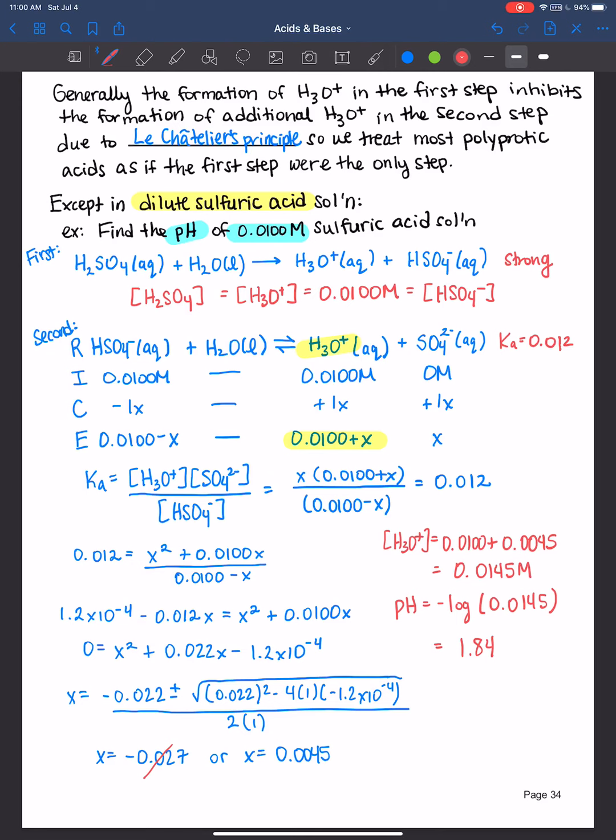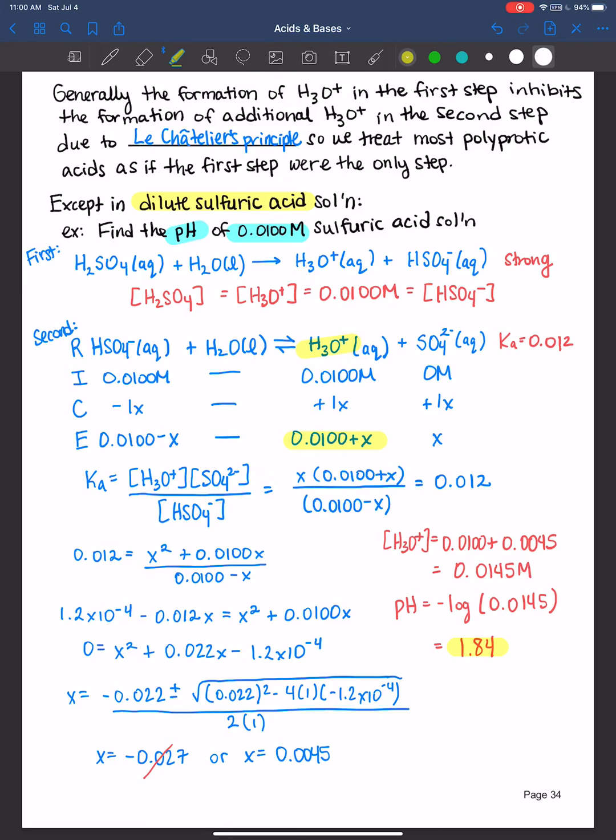And therefore, you should get an answer of 1.84. What's in your beaker? A dilute sulfuric acid solution, you definitely expect a pH less than 7, and indeed we do, especially for something that's a strong acid.